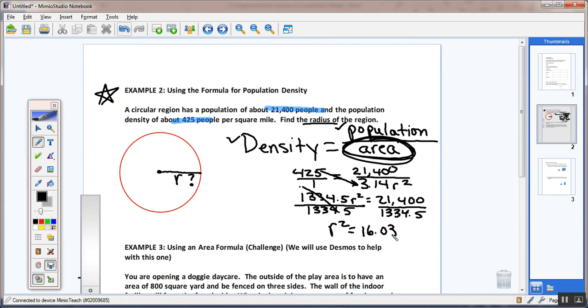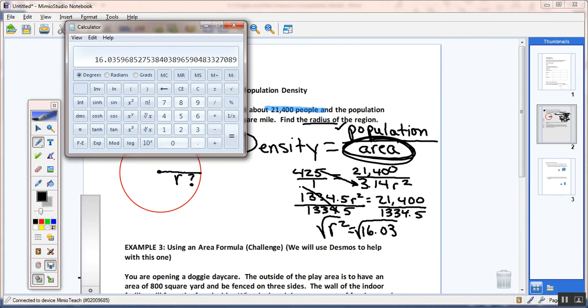Square root. So we're going to take the square root of about 16.03. What does it get when I hit the square root of that? 4.00. So the radius is really close to how many miles here? 4 miles.